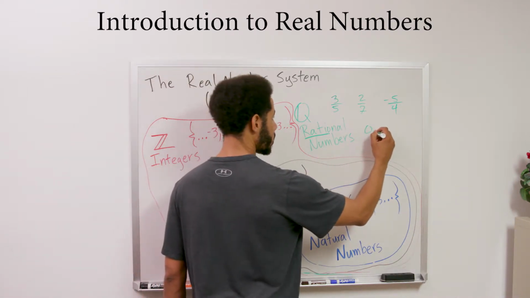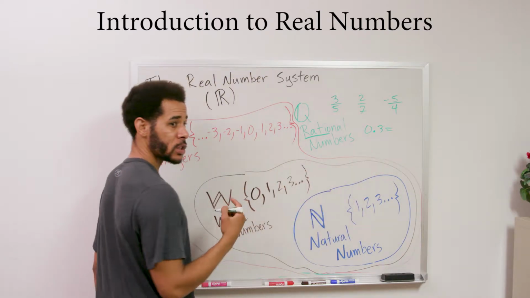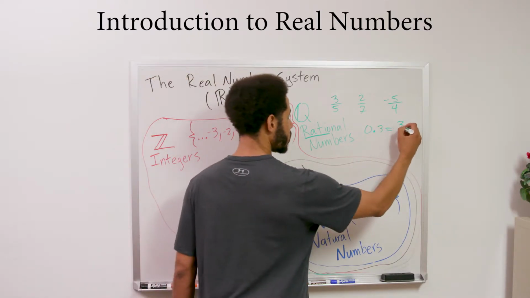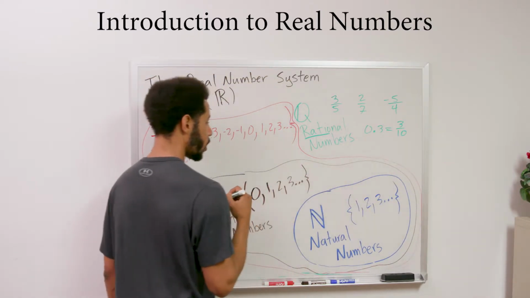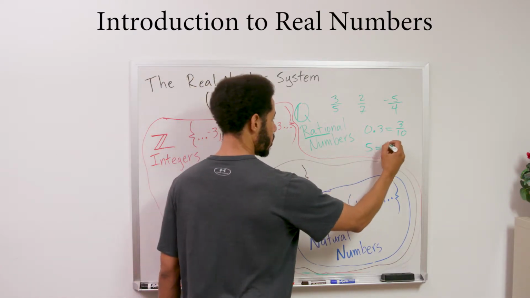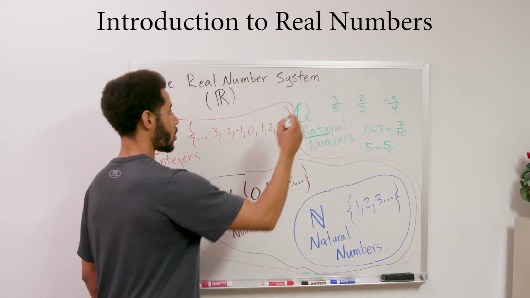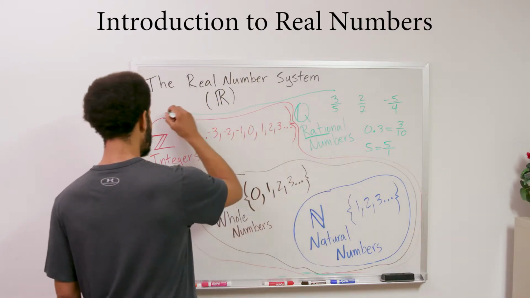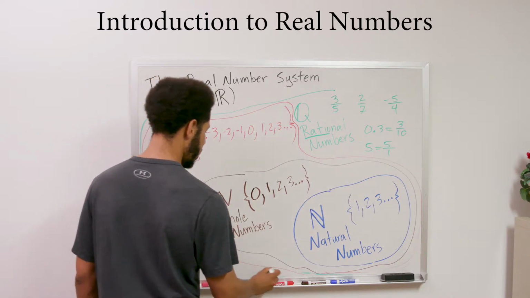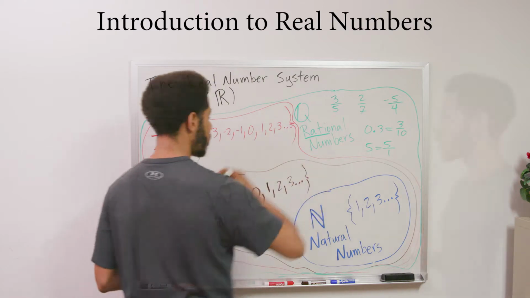Terminating decimals like 0.3 are rational numbers because we can express this as a ratio of two integers by writing it as 3/10. Whole numbers like 5 are rational numbers because this ratio of two integers is 5/1. All integers, whole numbers, and natural numbers are also rational numbers.